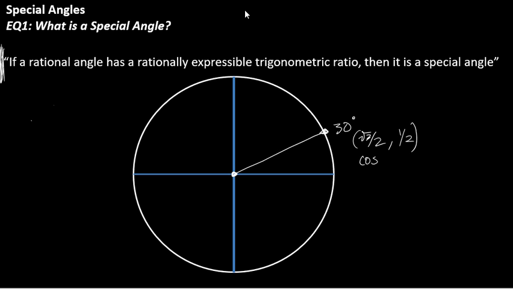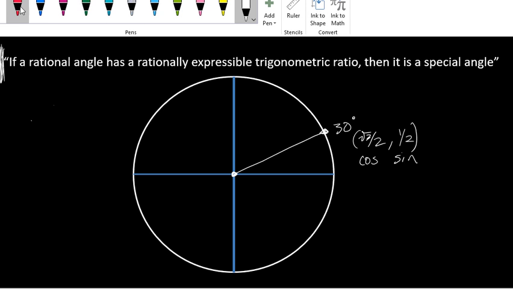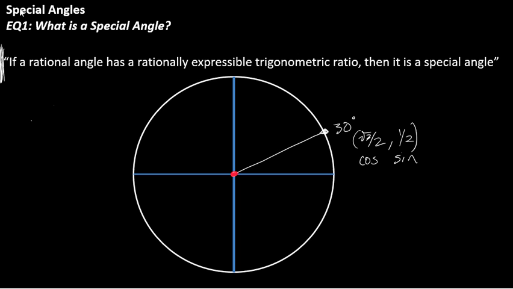Now, what if I made this angle larger by a lot? What if I put it way out over here, such that this angle here is still 30 degrees, but the actual angle that we're looking at would be 150 degrees.